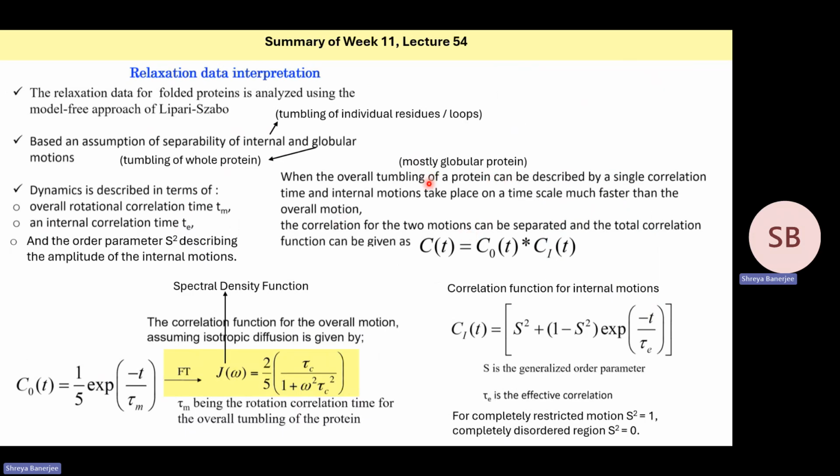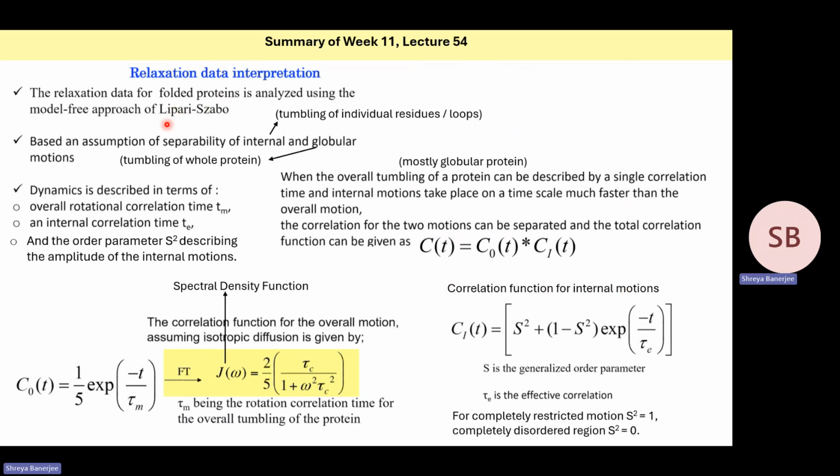For such a protein, the overall tumbling can be described by a single correlation time, which is the globular motion, and the internal motions take place on a time scale much faster than the overall motion. So the two types of motions can be separated, and the total correlation function C(t) can be written as C0(t) times Ci(t), where C0(t) defines the globular motion and Ci(t) defines the internal motion.